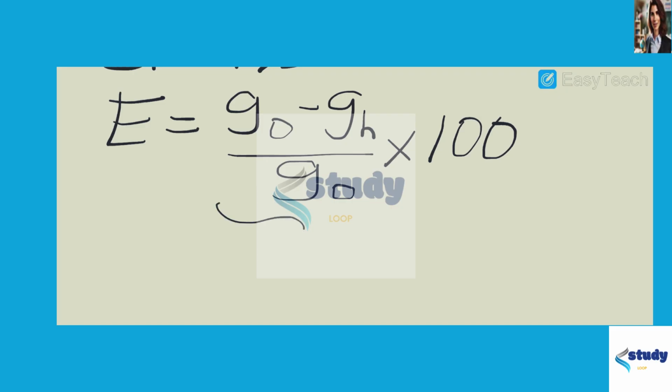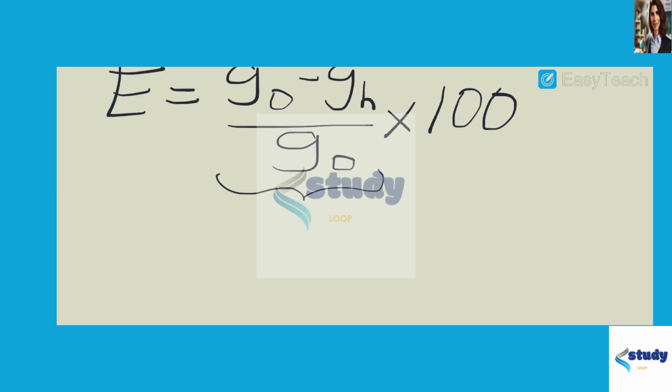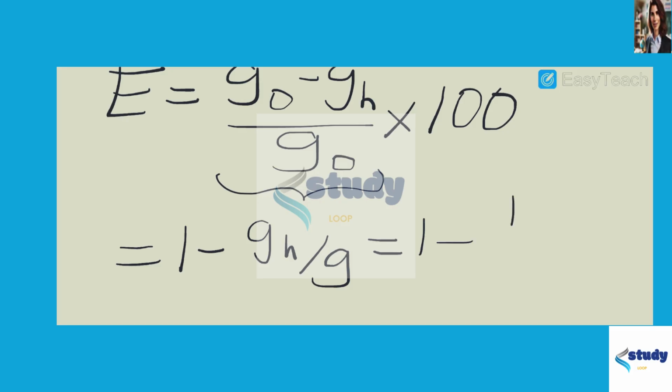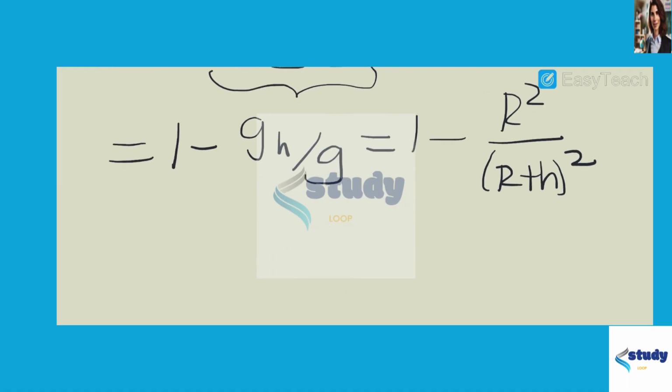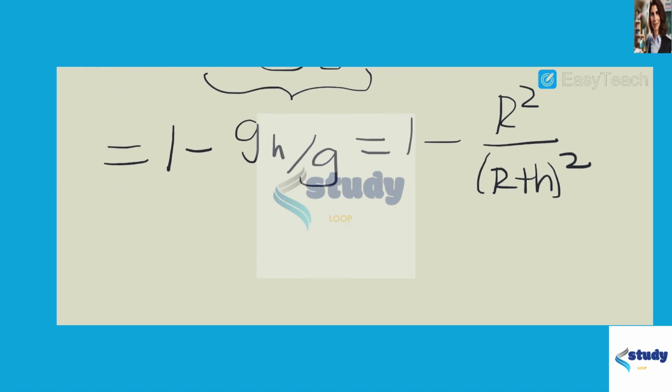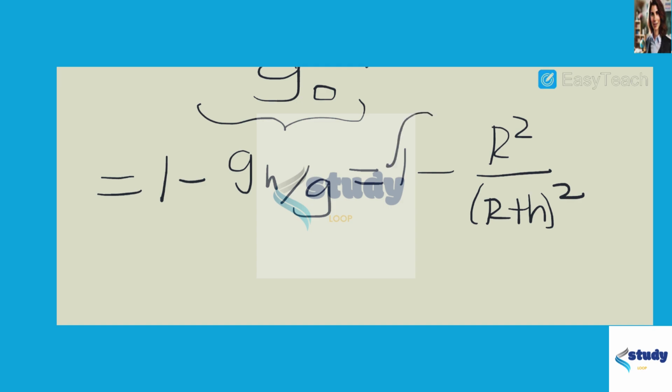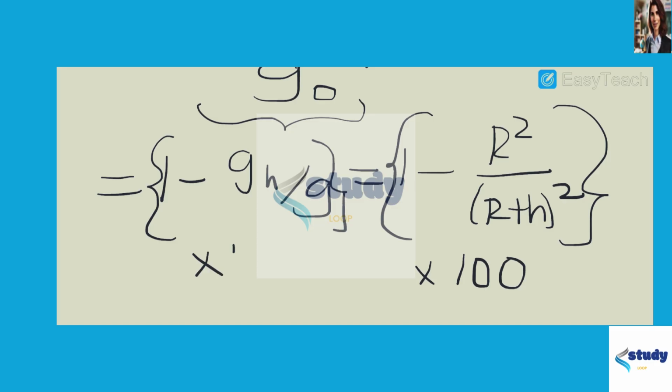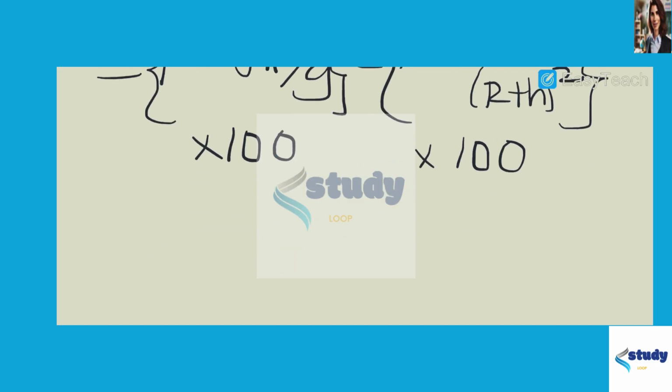So simplifying this expression further, we can see that this is 1 minus gh over g0, and this can be simplified to say 1 minus r squared all over r plus h squared. Now this quantity right here multiplied by 100 is our percent error. I'll just add that in here as well, just for the sake of continuity.